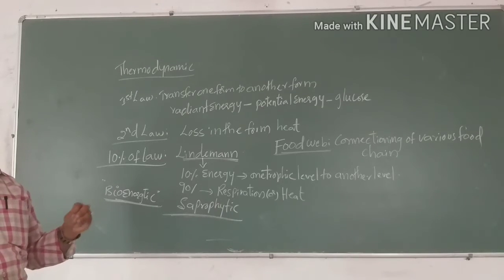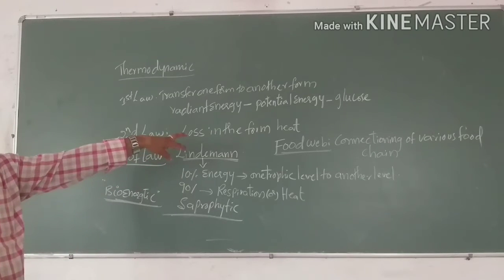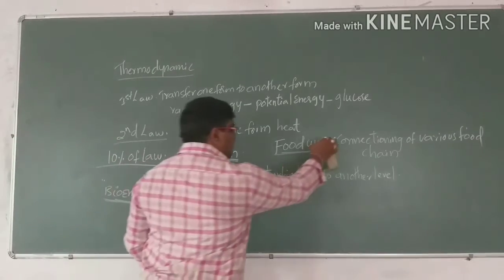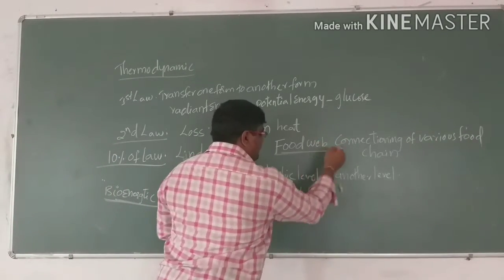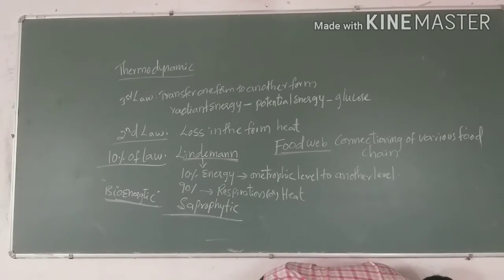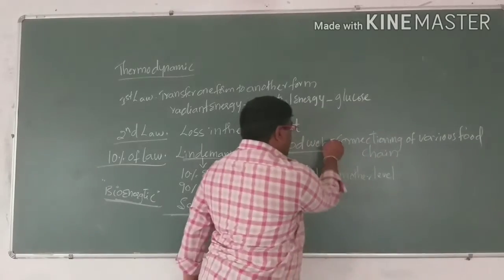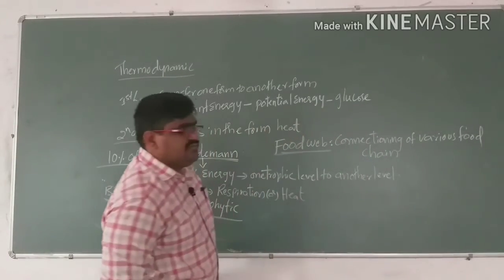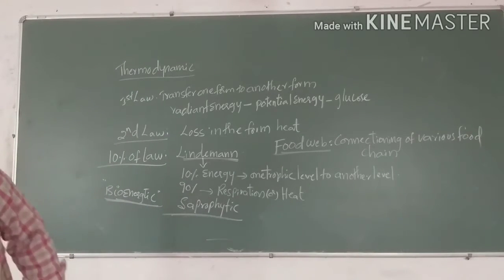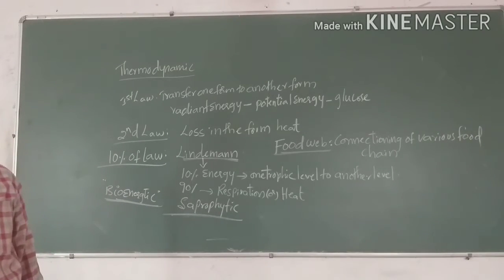They occupy different regions, and together we call this a food web. A food web is the connection of various food chains.